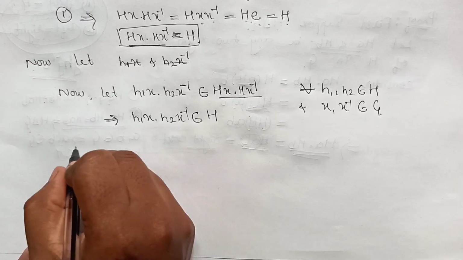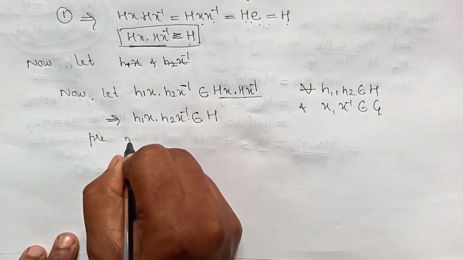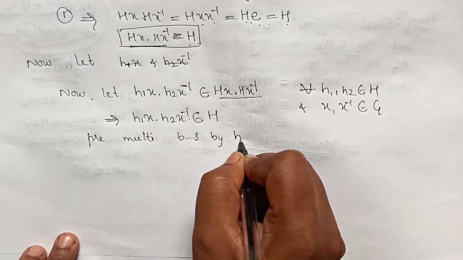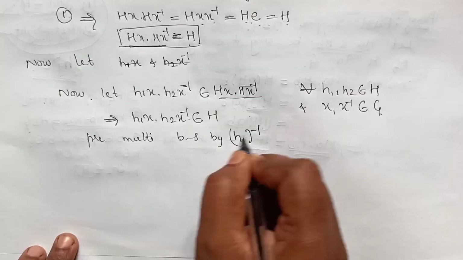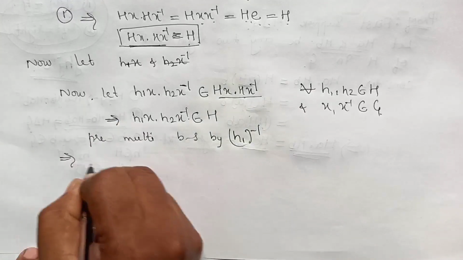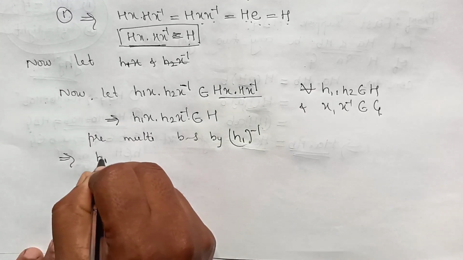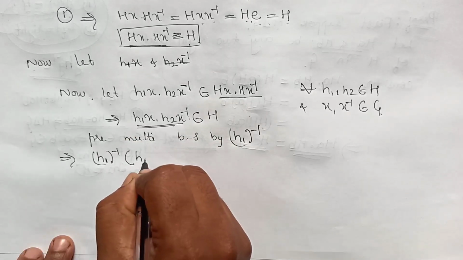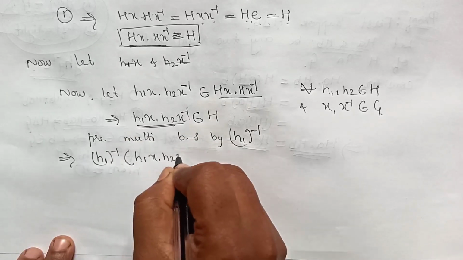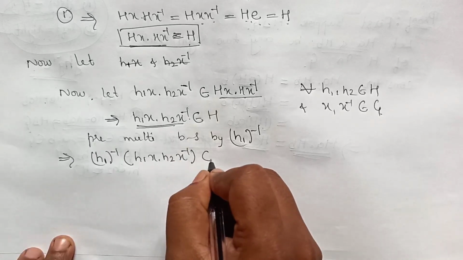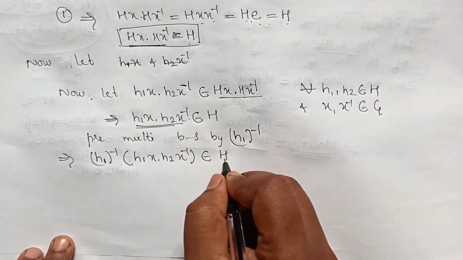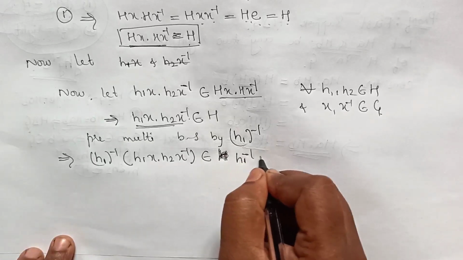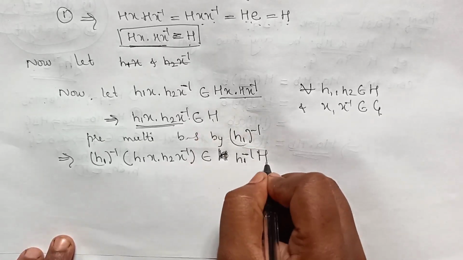Now pre-multiplying both sides by H1 inverse, we keep this element as it is, that is H1x into H2x inverse belongs to H. So pre-multiplying by H1 inverse we get H1 inverse into H as it is.